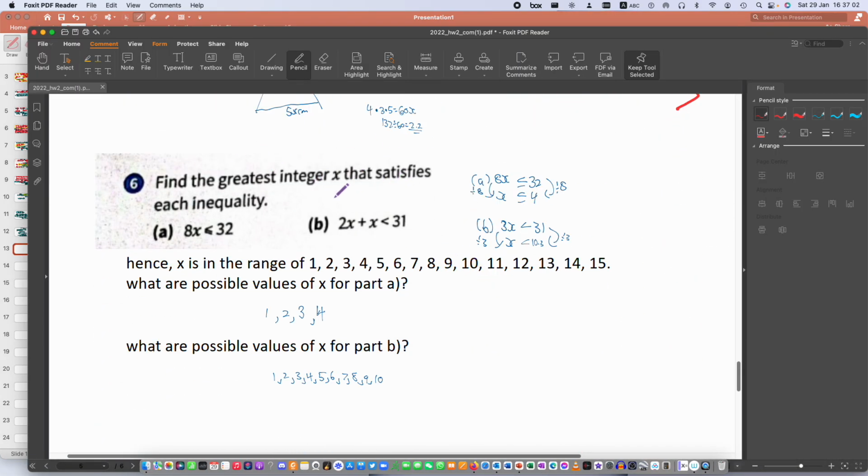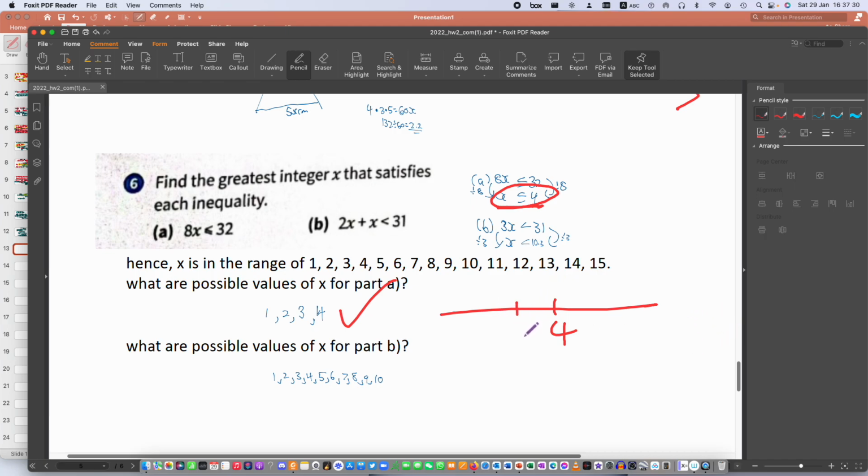Find the greatest integer x. Greatest means biggest. Okay? So first things first, you get this already, right? How do you find the greatest? Before you get the answer, you need to draw the number line first. 4 is here, right?